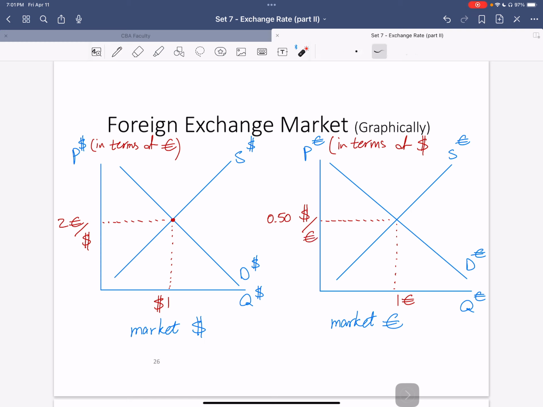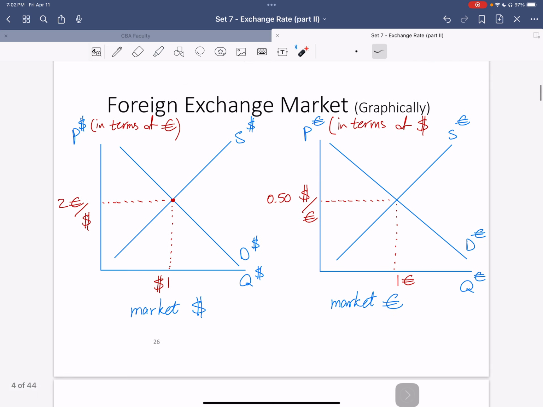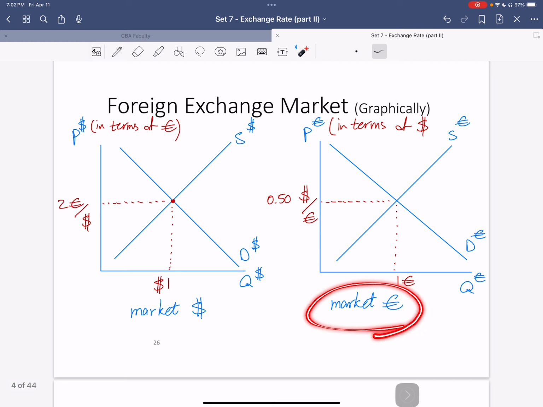So when we are talking about price of euro, that should be in terms of dollar. When we are talking about price of dollar, that should be in terms of euro. So do not confuse these. So when I'm asking any questions that requires drawing a graph, I would expect you to just write these properly. If you are in the euro market, it should be dollar per euro.